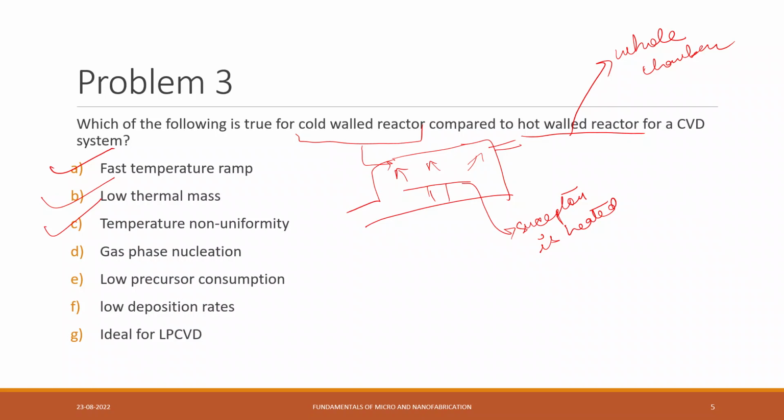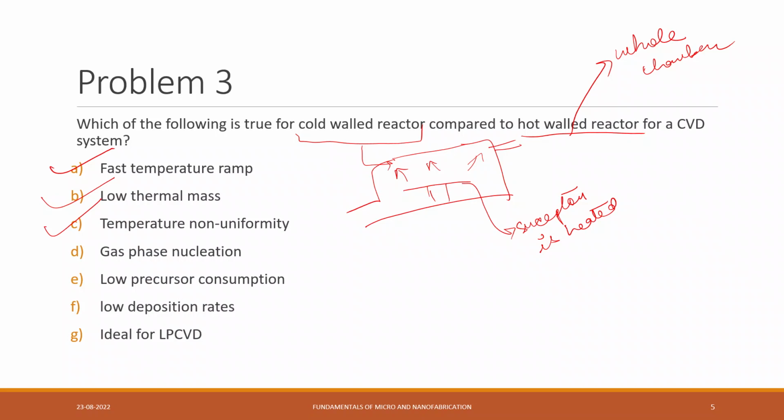Some of you have correctly identified some of the options. So the fourth option is gas phase nucleation. It means the precursors nucleate and start forming nuclei, where some of the atoms come together, form a nucleus, and go on to form a nanoparticle, a nanomaterial.